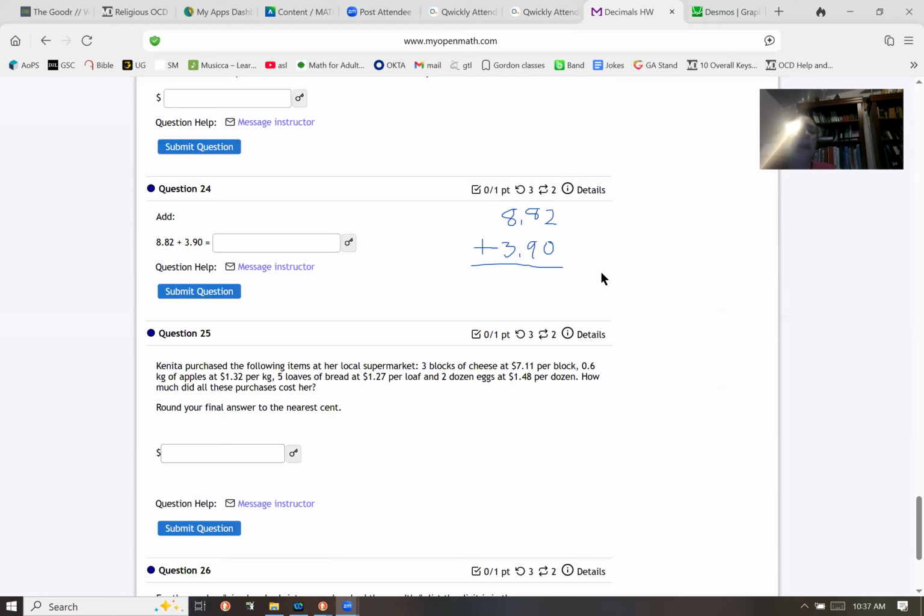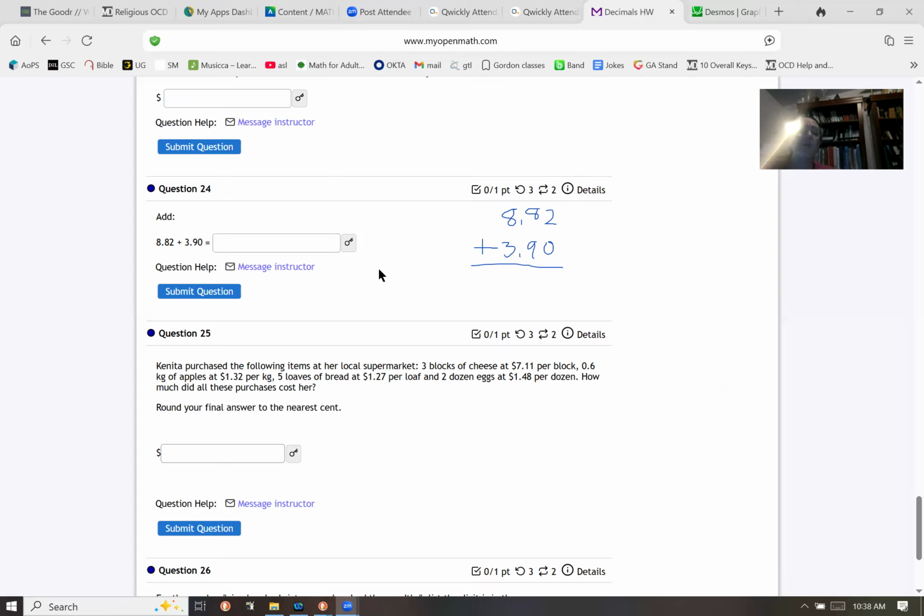All right, so on question 24, we have 8.82 plus 3.90. Now, after the decimal point, you have tenths, then hundredths, and it goes on to thousandths and so on. In order to get an accurate sum here, you need to line up your hundredths, your tenths, your ones, and so on, so that you're adding the same place value together.